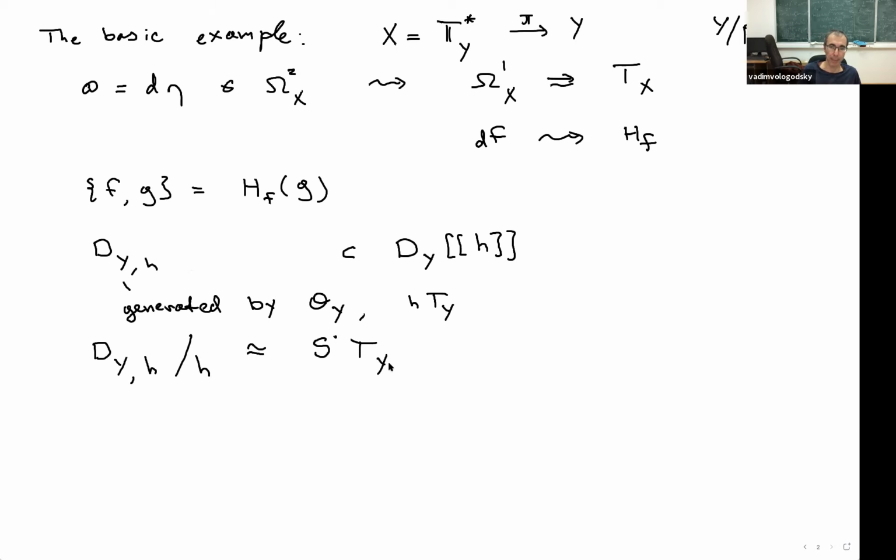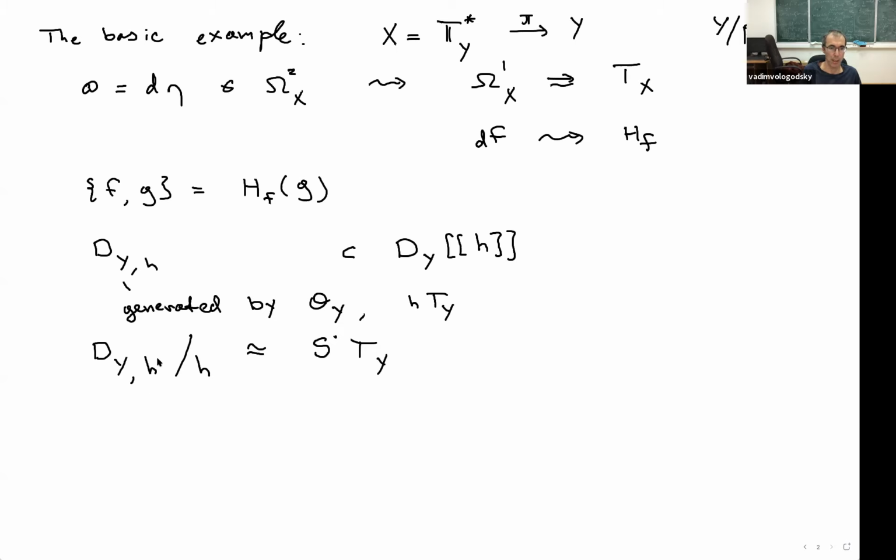Now, as I explained, in the affine case, a quantization of a variety is the same thing as a quantization of the algebra of global functions.